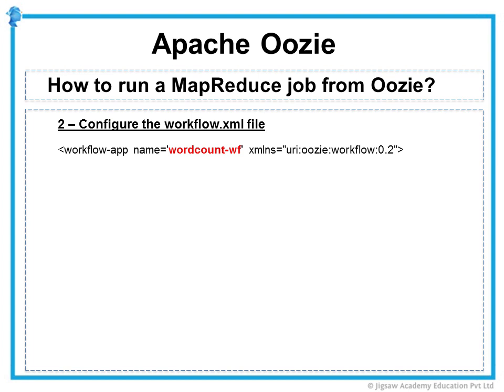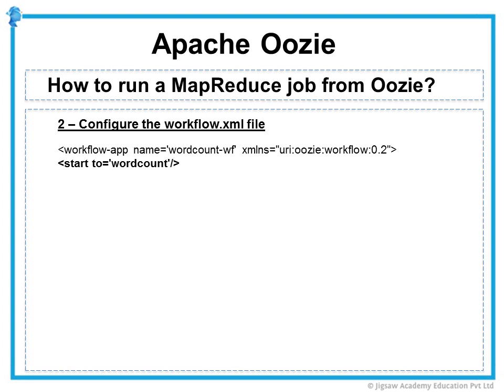Next, we need to define the start node, which is basically the entry point for a workflow job. And a workflow definition must have one start node. When a workflow is started, it automatically transitions to the node specified in the start.